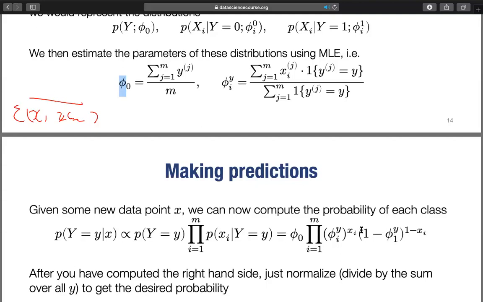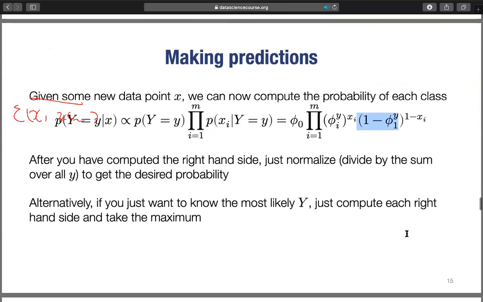So anywhere we have 1, 1 minus 1 is 0 and the power of 0 is 1. And if it is 0, this will be 1. And what is left is what is left here, right?